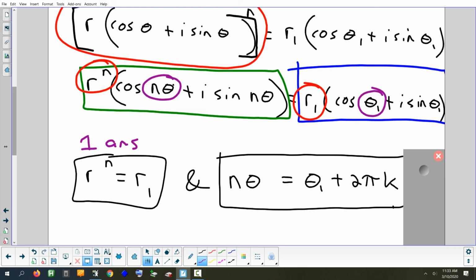So by putting plus 2 pi k, it's like what we did when we graphed and we represented all solutions, not just one solution, but everything. So here, I'm just going to say you're going to get n solutions. How many is n? Depends what n was in the original problem. If it's a cube root, it's 3. 12th root, 12. 5th root, 5.